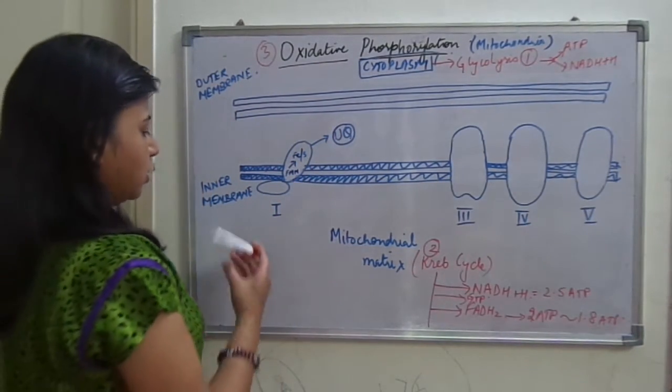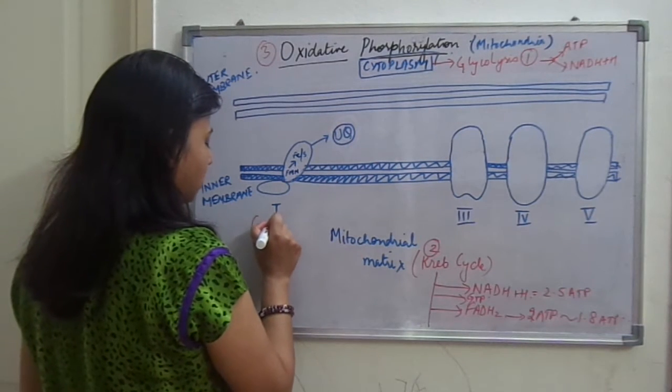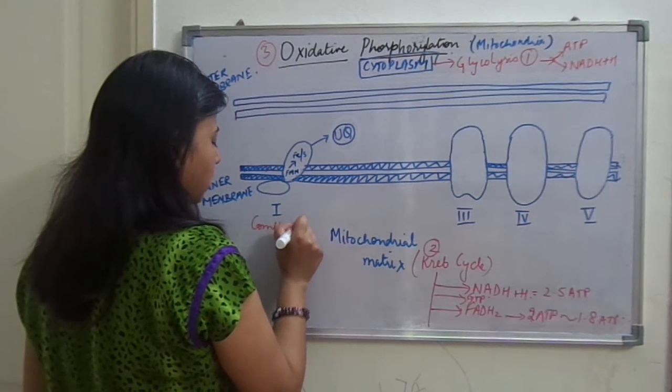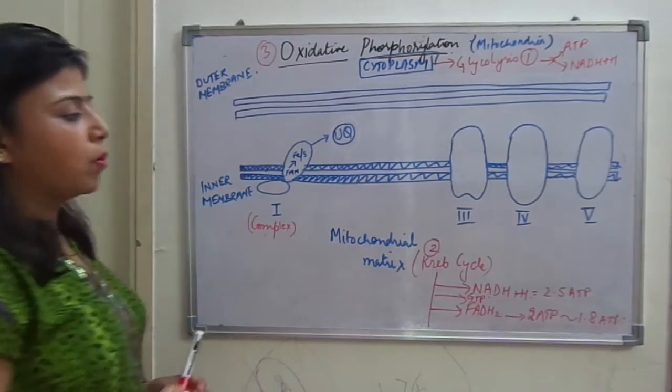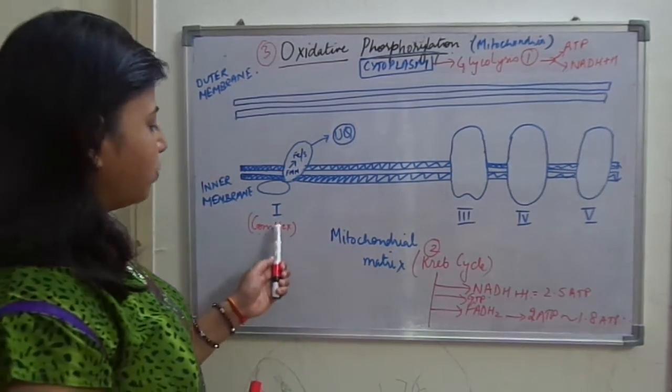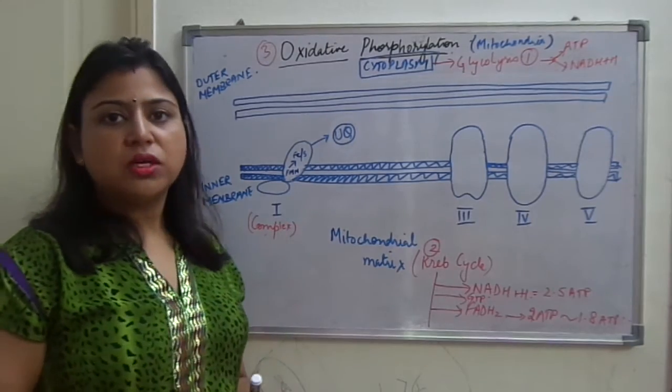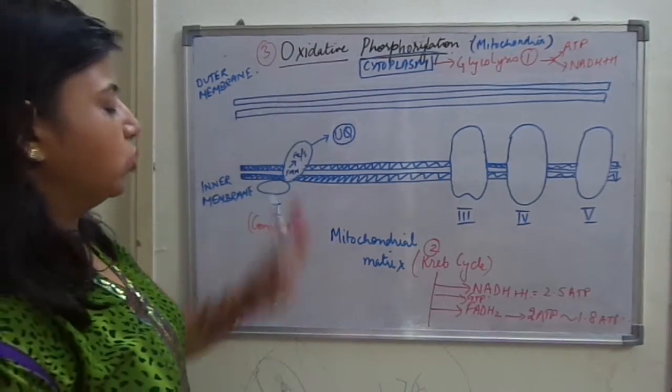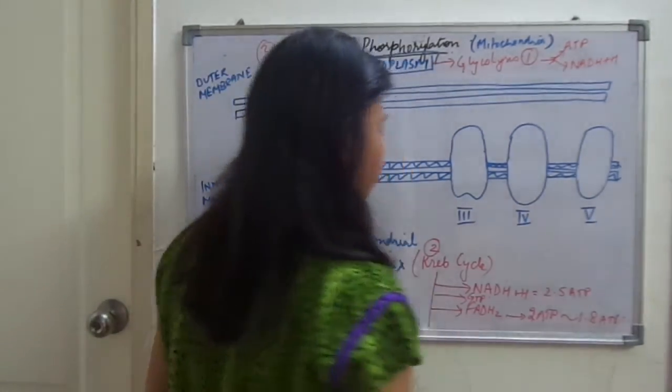And actually not proteins exactly, these are complexes of proteins named as complex 1, complex 2, complex 3, complex 4 and complex 5. One by one we will understand each and every complex, and then we will come to know the exact process of oxidative phosphorylation.